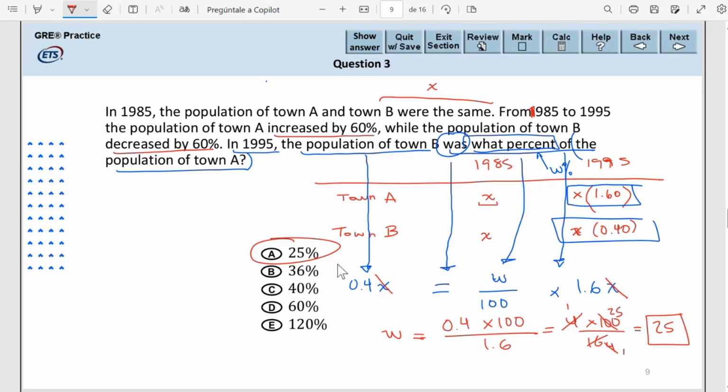Whenever you have, for example, quantities for which you only know the percent changes between two periods of time, you can assume some initial values or variable for the original values of these quantities. Particularly in this question, since the two populations were originally the same, we could assume the same value X for the population in year 1985.